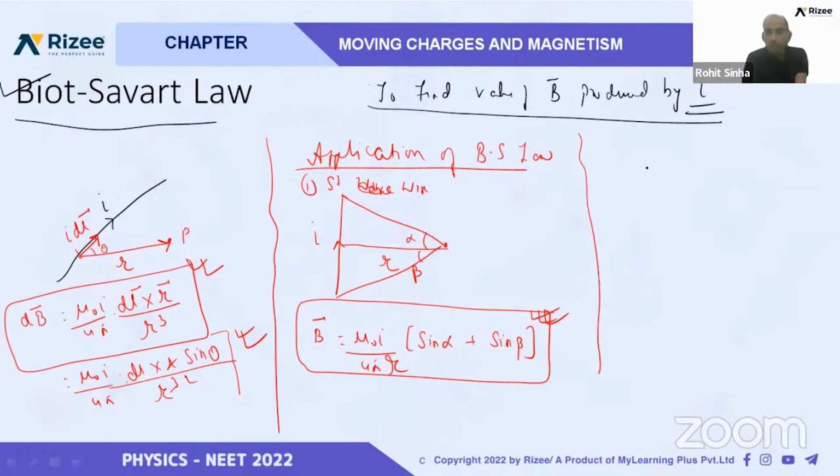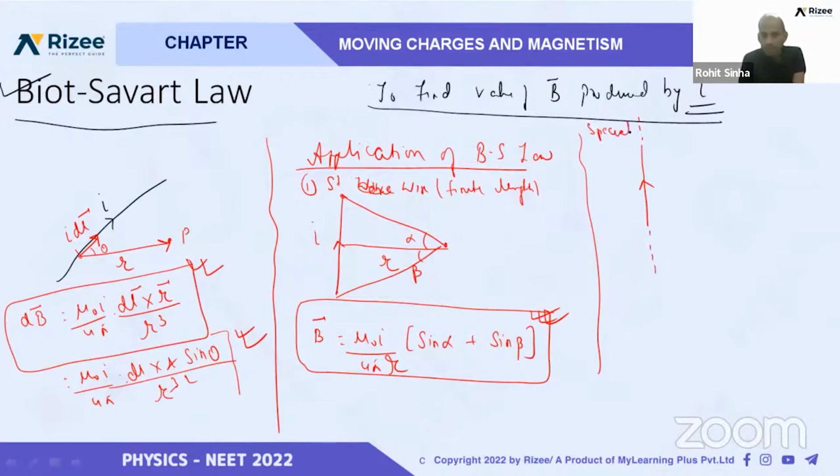See here, a few more important concepts that will be very important for you. This was a straight wire having finite length. Now if we have a wire of infinite length, we are dealing with a special case.